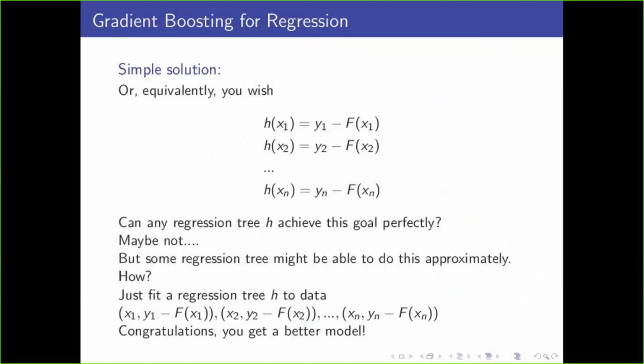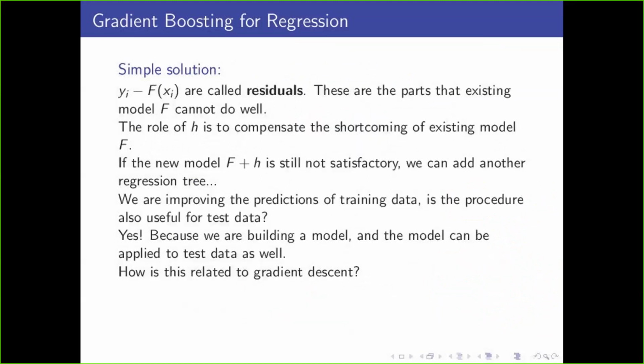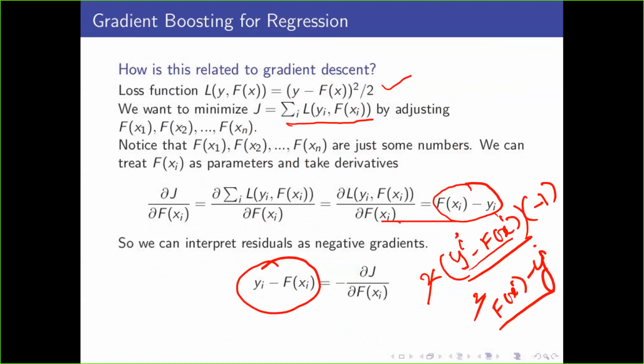We're trying to fit a model to this residual part. f of xi minus yi is the derivative of J with respect to f of xi. And here, therefore, we proved that residual is equivalent to the negative gradient.